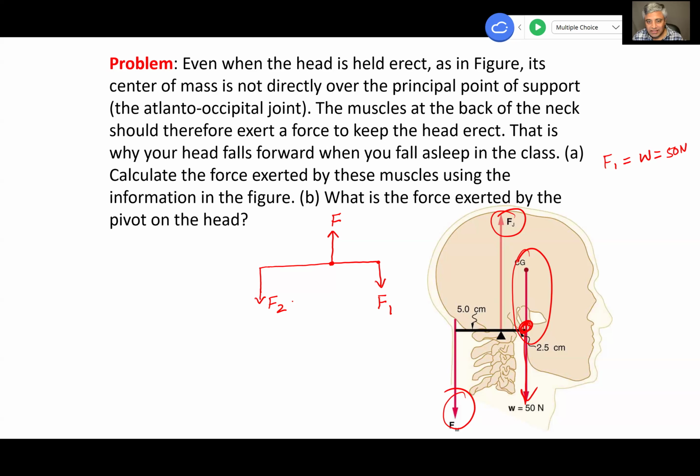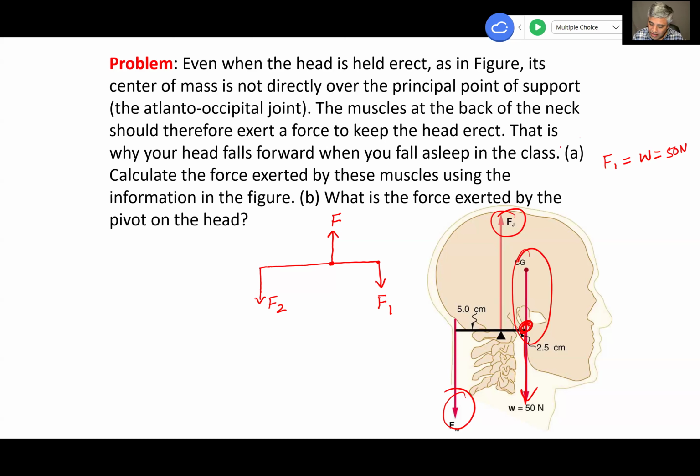So here is the thing. If you choose axis wisely, then you're going to eliminate one of the terms from the equation, okay? Because you want to make a lever arm for the force zero. Which force? The force we don't know and we don't want or we don't care, okay?